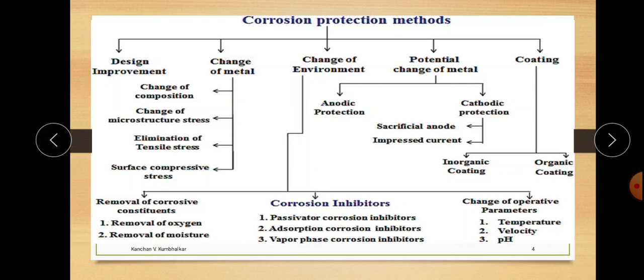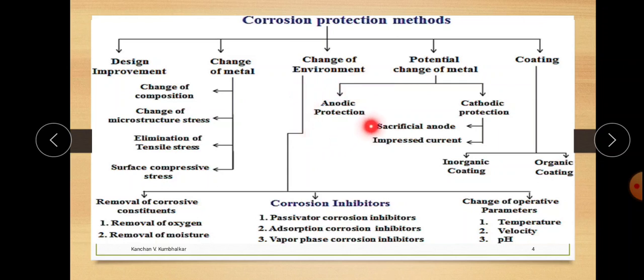Next point is by using a potential change of metal. We know that in electrochemical corrosion, the anode and cathode form, and on the anode always oxidation takes place, meaning corrosion of the anode takes place. So in a potential change of metal, we have 2 methods.